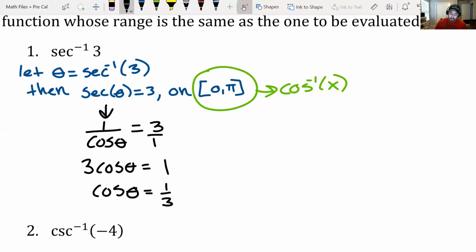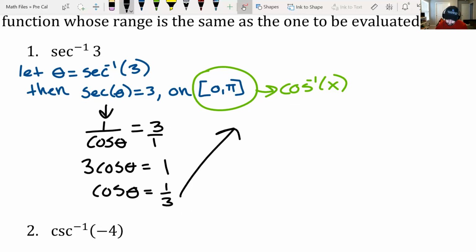We need to put it as the inverse. So we need to write this as the inverse. So what we do with cosine theta equal to 1/3 is we compose both sides with the inverse cosine function. That's it. We compose both sides. So we'll start again.